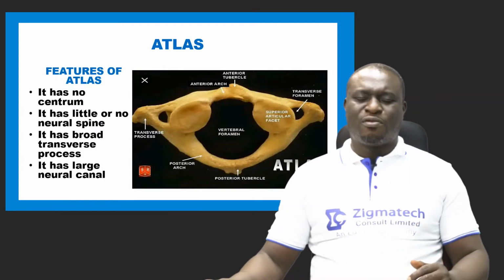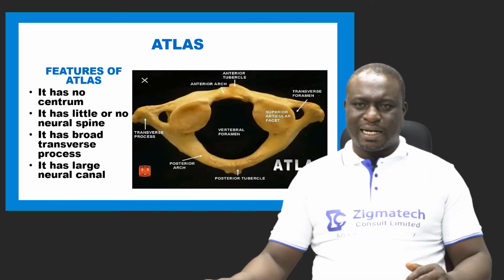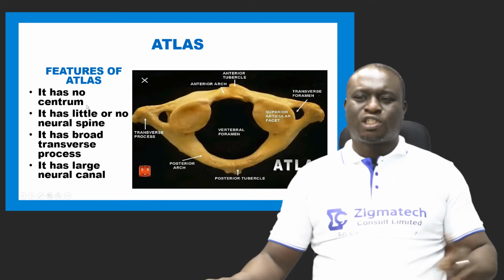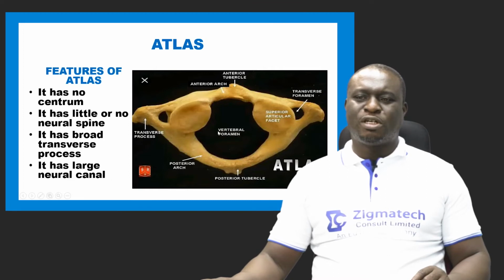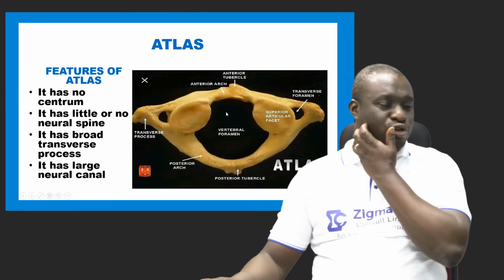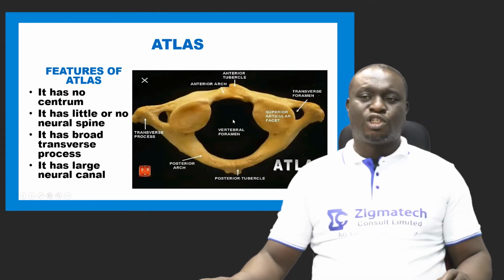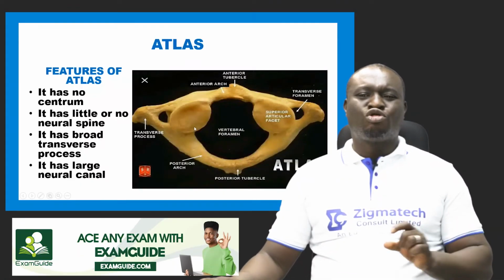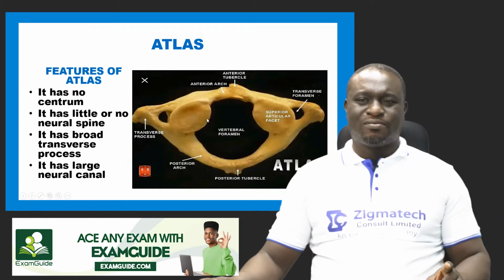Let's take a look at some of the features of the atlas. One is that the atlas has no centrum. You can see there is no solid piece of bone beneath the vertebral foramen. Number 2, it has little or no neural spine.